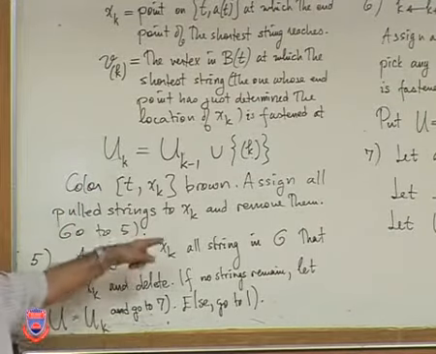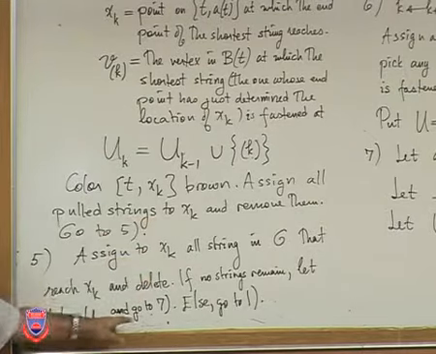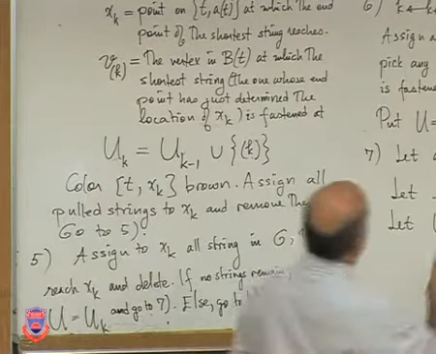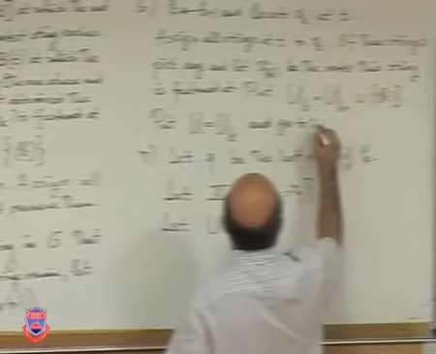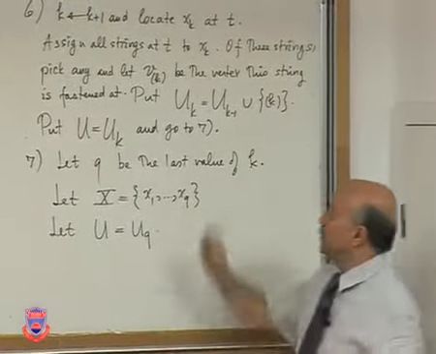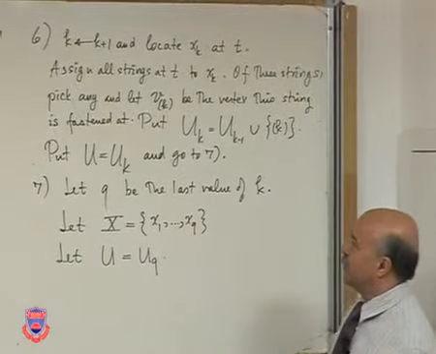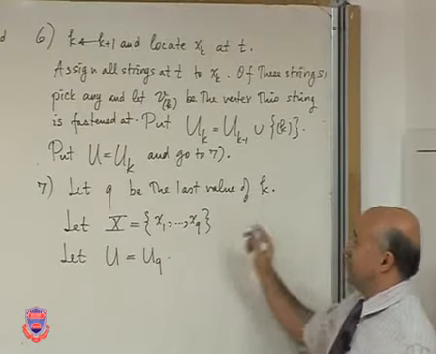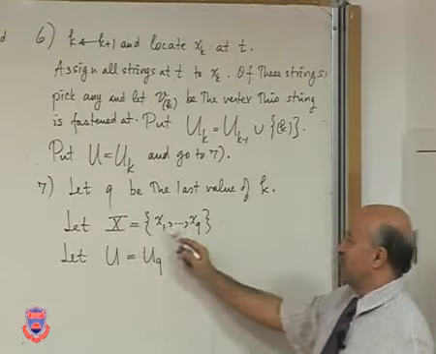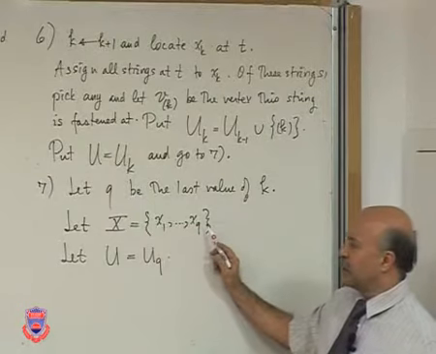We don't stop, the stopping step is number 7. U equals U_k and go to 7. And in this case, again, we just continue to 7. So please also revise that one. In step 7, you pick Q to be the last value of k. You define X to be the set of points you've located.